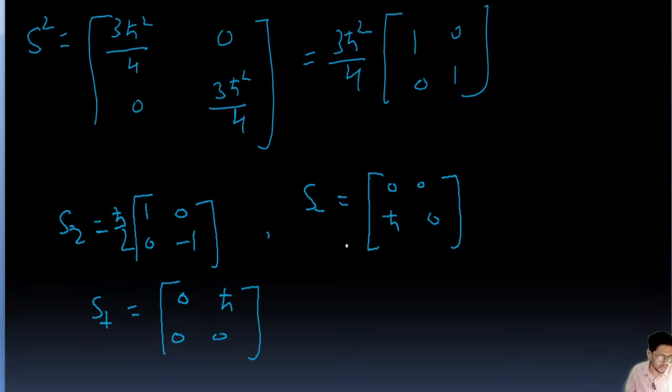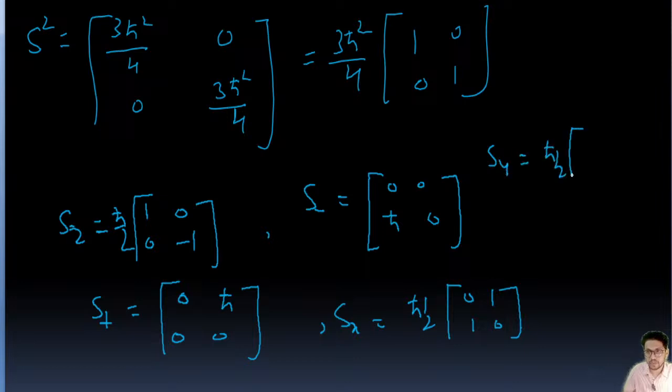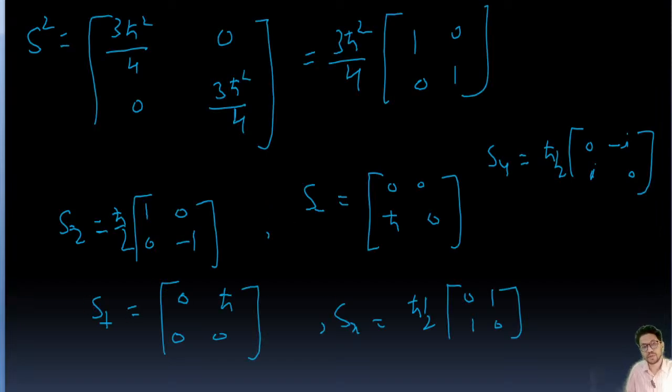And Sx is going to be H cut by 2, 0 1 1 0, and similarly Sy is H cut by 2, 0 minus iota, iota 0. So these are the matrix representation of spin operators.